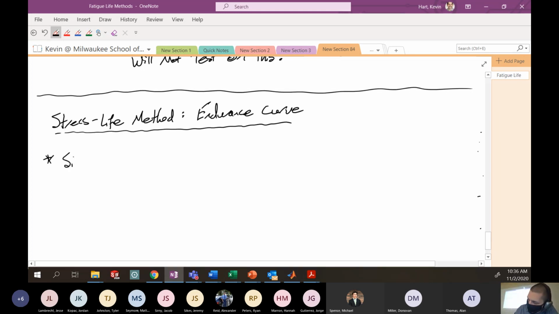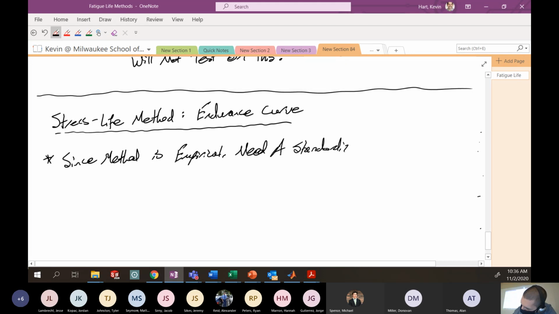Since the method is empirical, we need a standardized test. What we want is a sample with 0 mean stress.